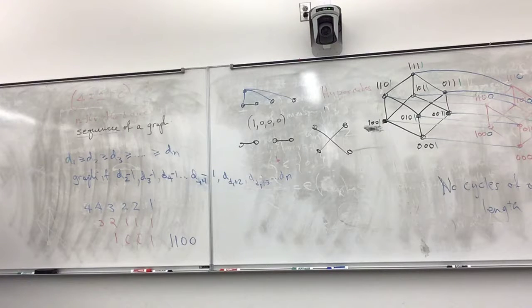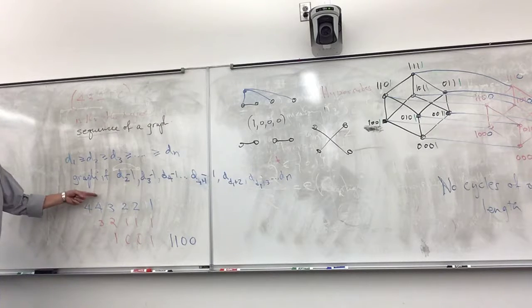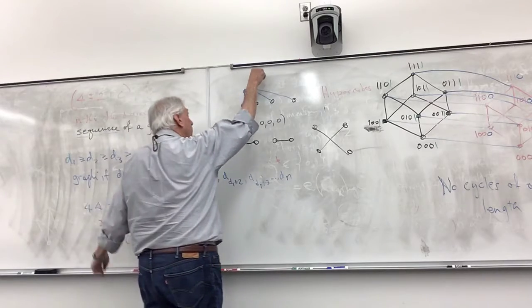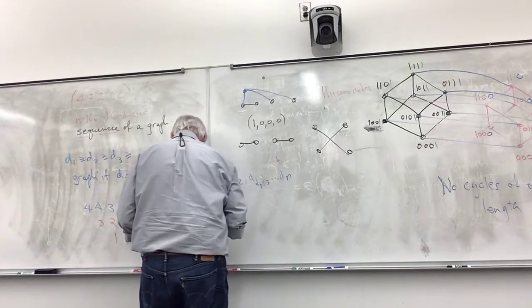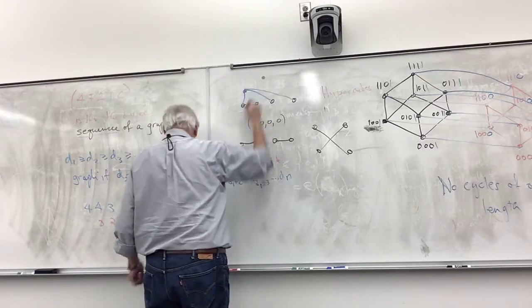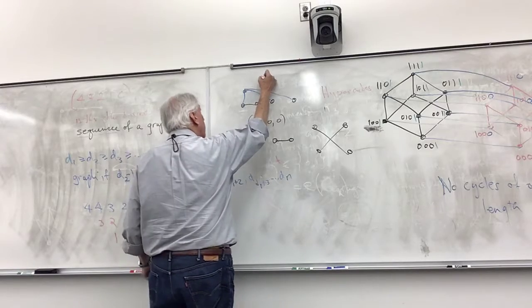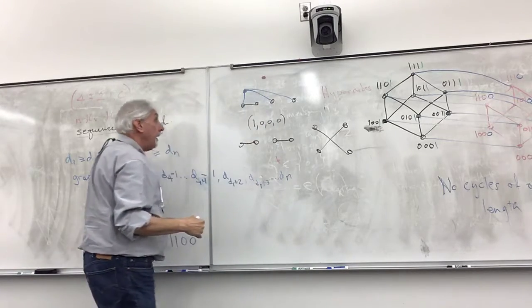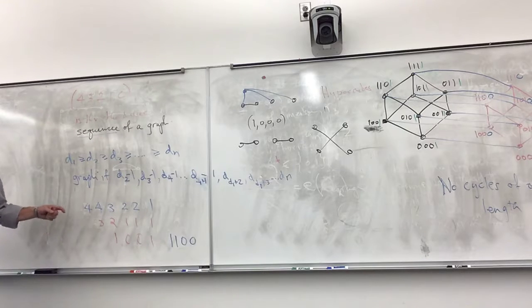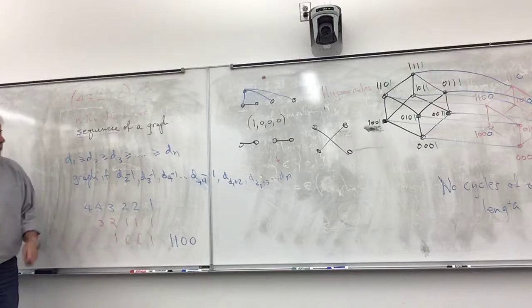Okay, going backwards again, now I'm going to add a vertex of degree 4. This is the last point I'm going to add. Let's try a red that writes. That's as close as I get. So that's going to be a vertex of degree 4, and we want to put it adjacent to 3, 2, 1, 1.